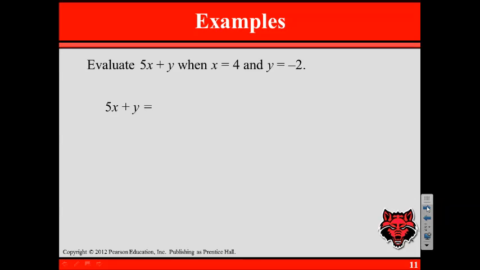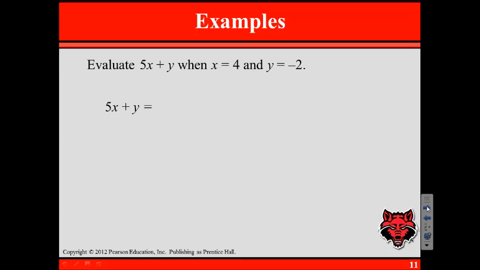Now that we know how to add and subtract, or at least add with positive and negative numbers, let's evaluate an expression. So we want to evaluate 5x plus y when x equals 4 and y equals -2. Remember, the first step is to substitute the values in place of the variables.